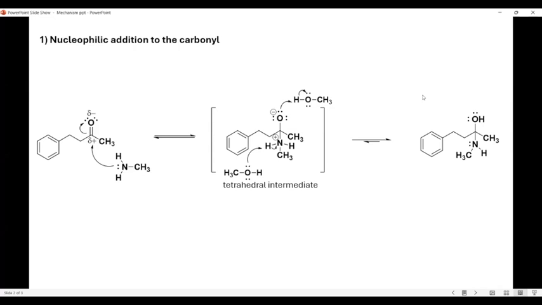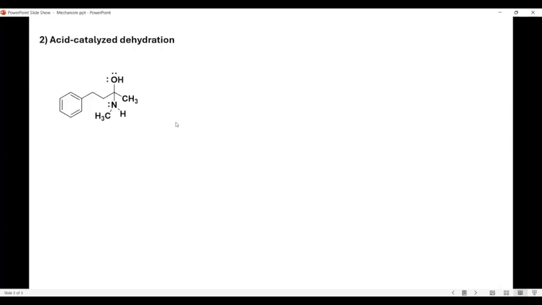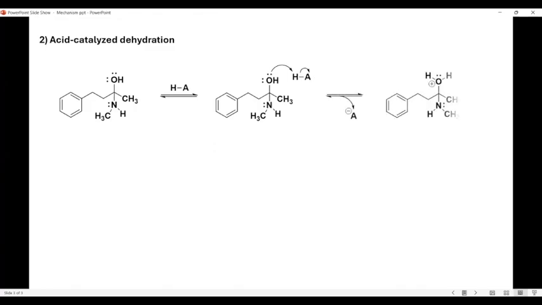Now this amino alcohol can undergo acid catalyzed dehydration. So upon addition of some generic acid, what happens here is the lone pairs on the oxygen again pick up this proton, and the electron density is delocalized over the conjugate base, and we lose A minus and end up with this oxonium cation.